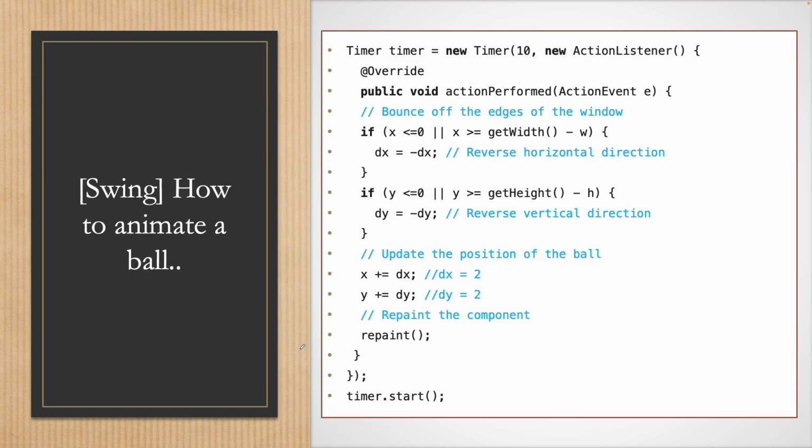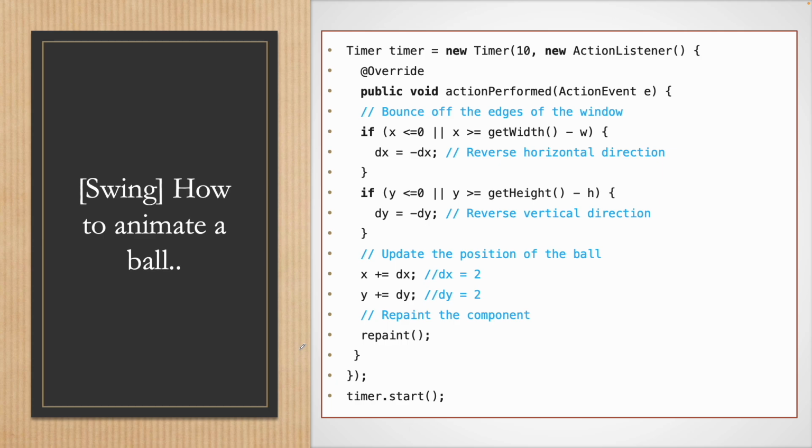Now, let's take a look at how to make your ball move around. If you think about a ball moving around in the window, obviously we don't have a physical ball moving around in the screen. We have basically a shape that's painted on the screen. And then that's going to be repainted at a different location so that it looks like it's moving around.